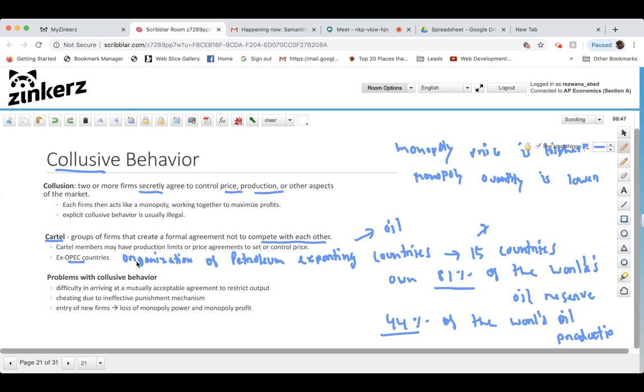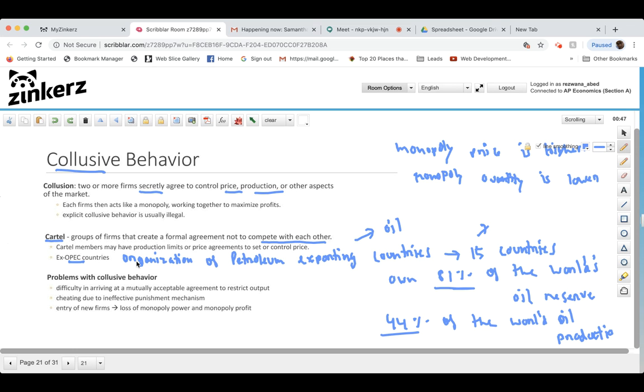Even though you said you're going to produce this much, you produce more, or you said you're going to set this price, but then you end up charging a higher price, because there's really not an effective punishment mechanism. It's a formal agreement, but I don't think much happens if you don't abide by it. Maybe you are going to be left out of the cartel or something, but it's a potential problem.